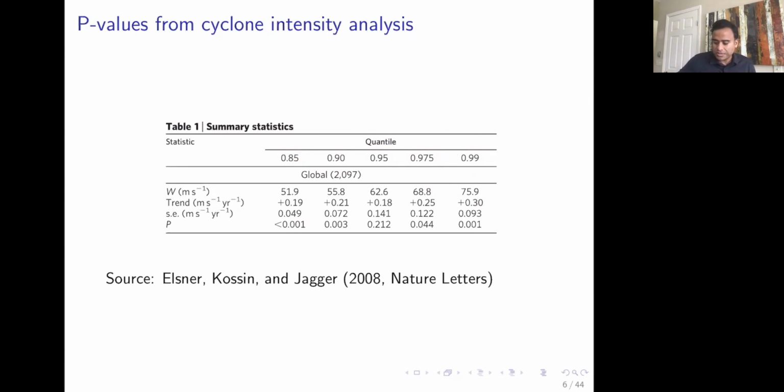What you're reporting here is the p-value that the slope is 0 against its, I think, one-sided alternative that it's positive. You'd see that the p-values are quite different. For example, if you just compare the 0.9 versus the 0.95, they give a very different picture.